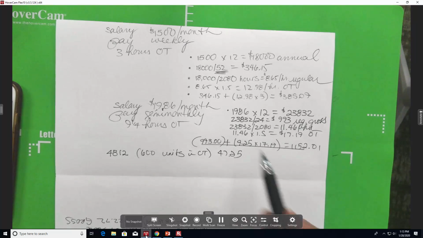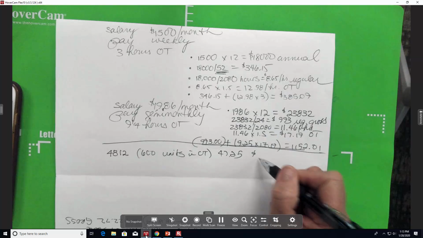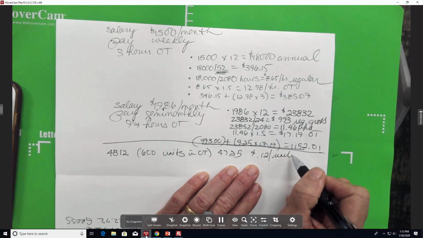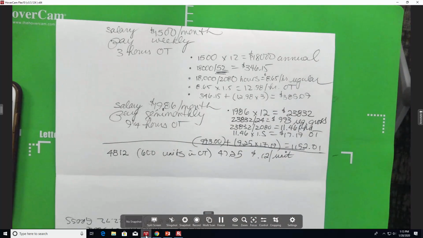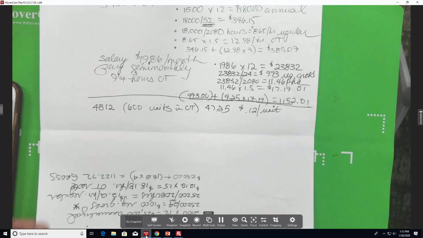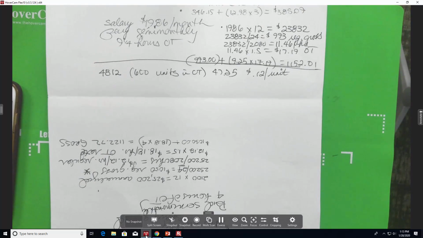Okay, so we're down here now. Let's say I'm inspecting cases of raw honey. I want to make sure they're pasteurized, that they're correctly bottled, that the labels are on straight, all that good stuff.